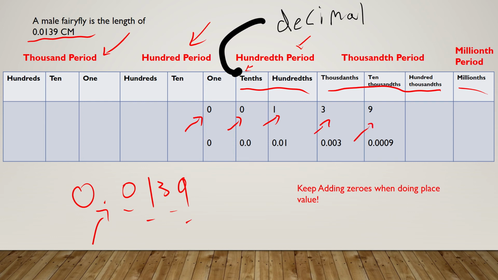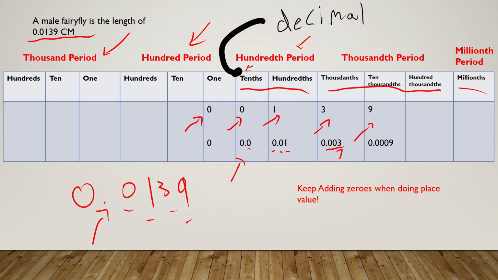Now, looking at this, the tenths is the first number after the decimal, so 0.0. For the hundredths, 0.0, and we have to put 1 there because our value is 1, so it's 2 numbers after the decimal. For the thousandths, we have 3 numbers after the decimal, and we put 2 zeros, so the third is our 3 thousandths.